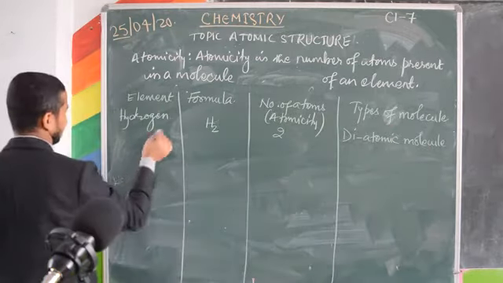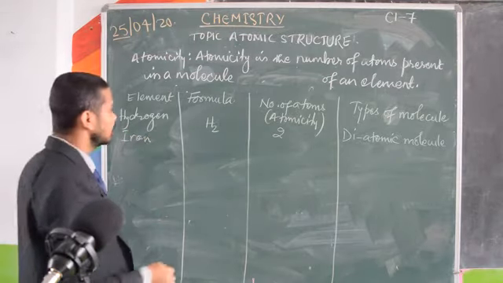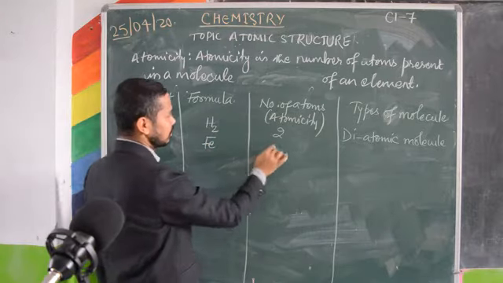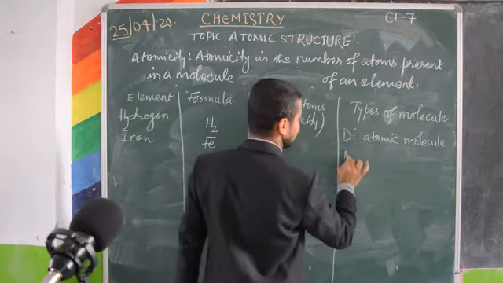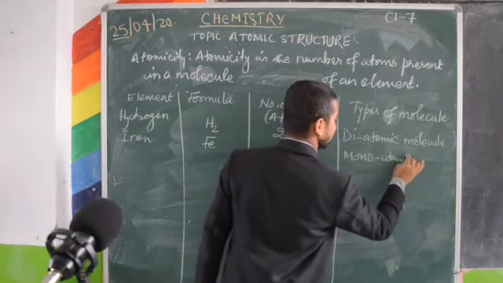Then iron, formula Fe, only one atom, so number of atoms is 1. Then it is a monoatomic molecule.